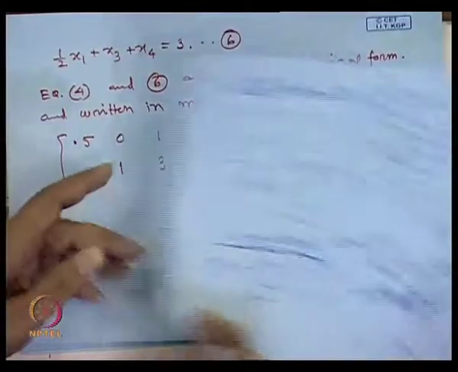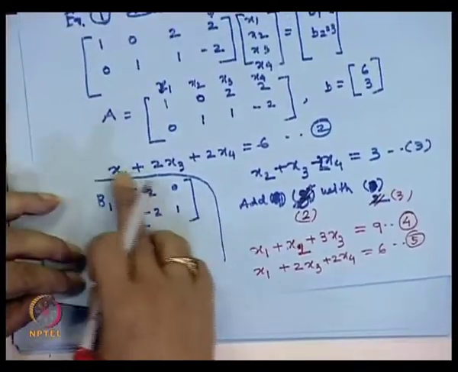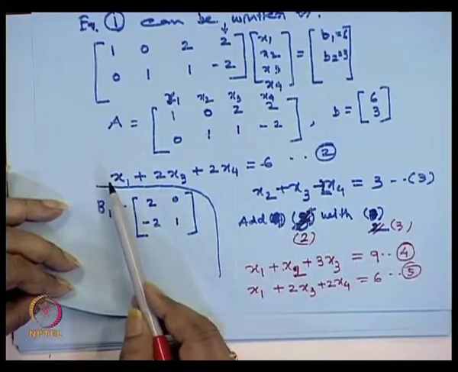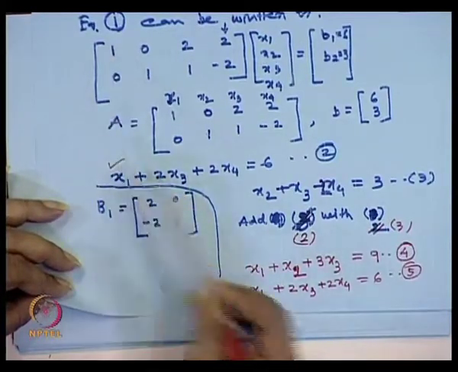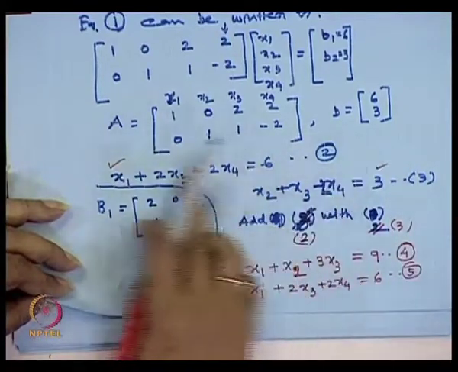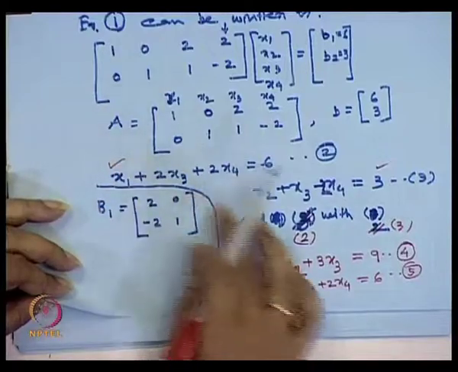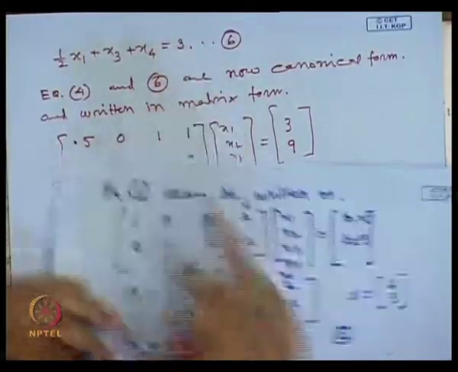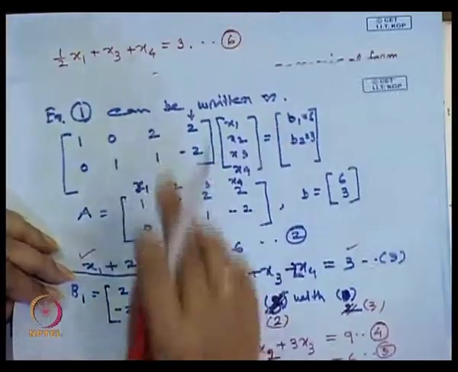Just see this one. We did elementary row operations in order to get equations 4 and 6.